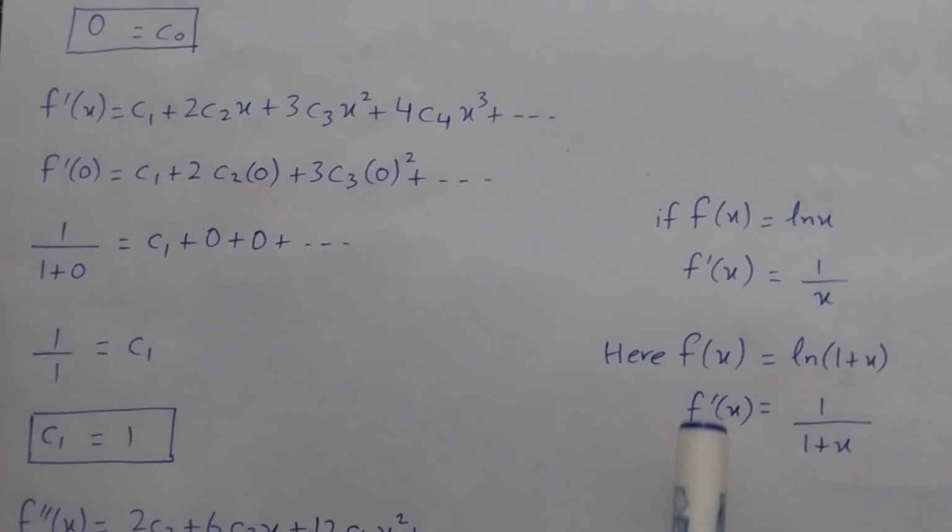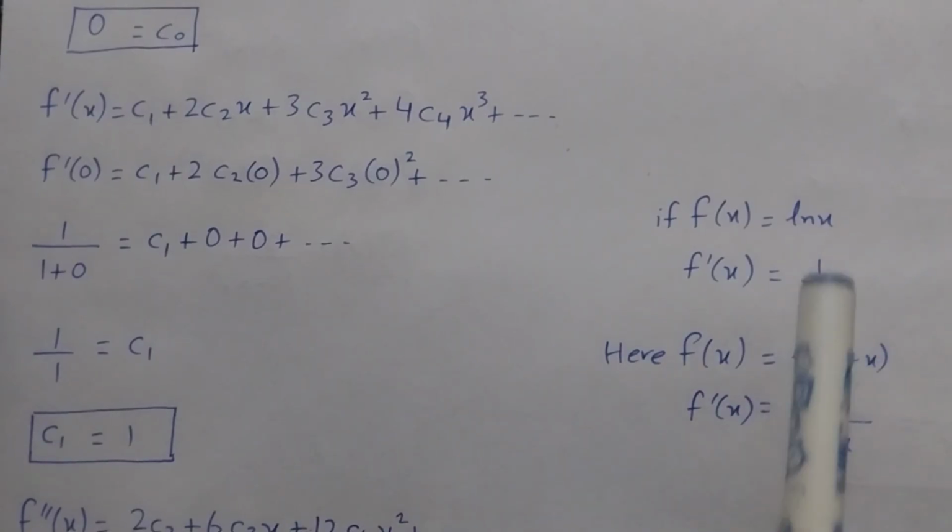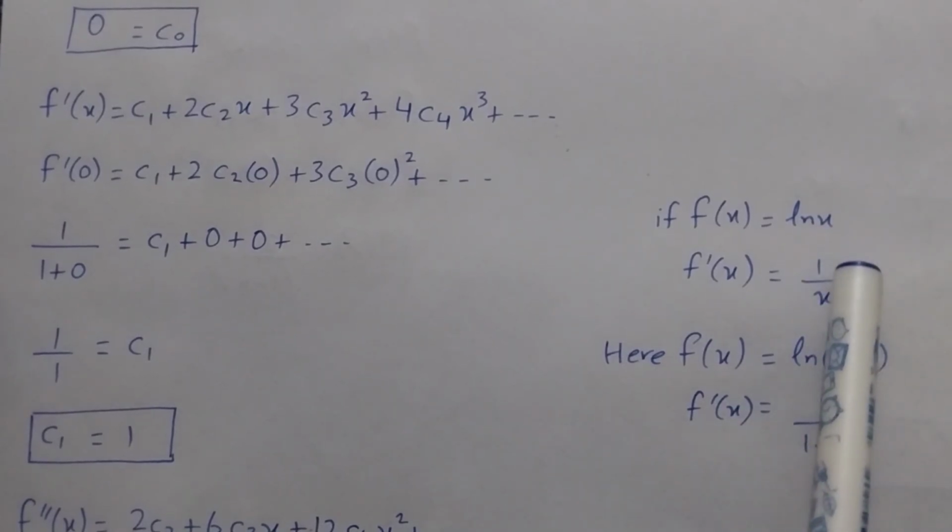So the derivative of our given function is 1 over 1 plus x. Normally we take the derivative of whatever we are taking natural log of, and when we had x, the derivative of x with respect to x is 1, so we don't write it.